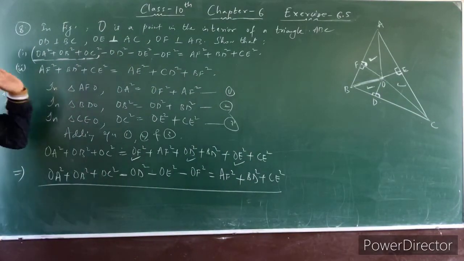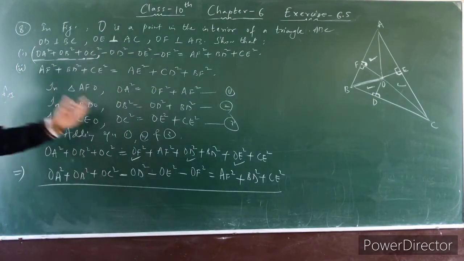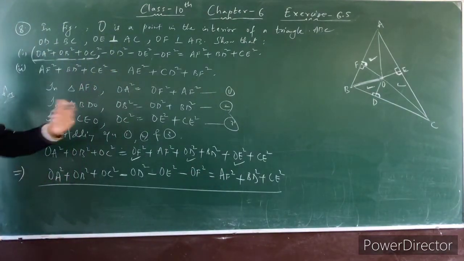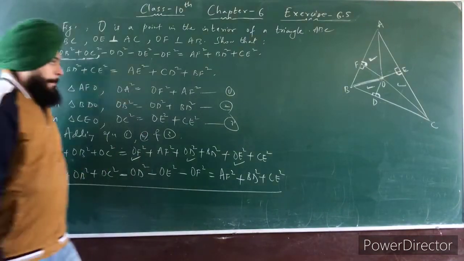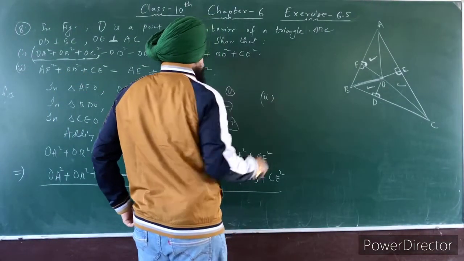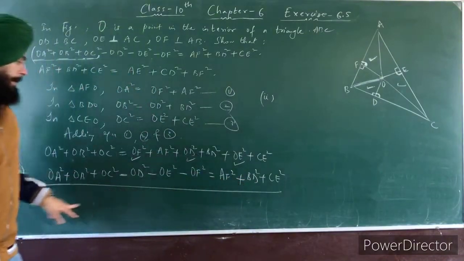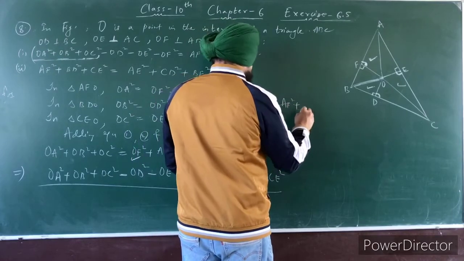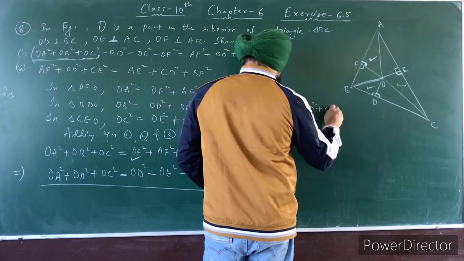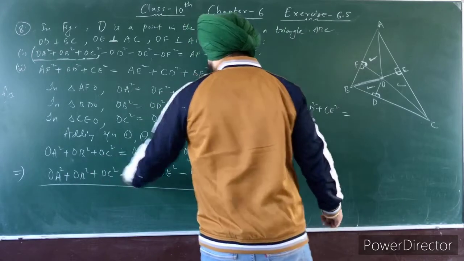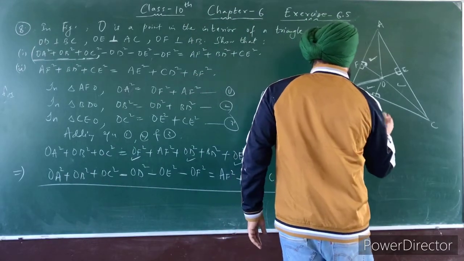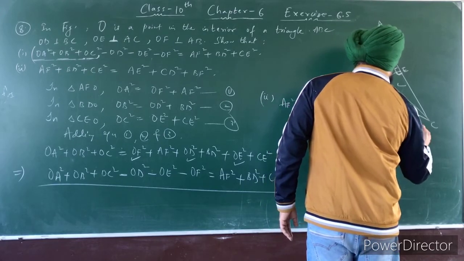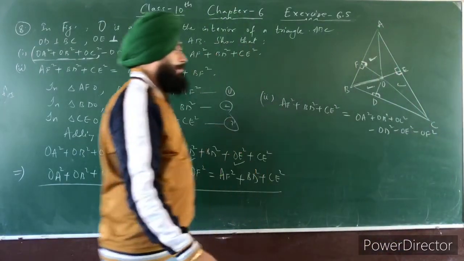Now we have to prove the second part. The second part is a further proof of this first part. So write this equation again. AF square plus BD square plus CE square is equal to the same terms, OA square, OB square, OC square minus OD square minus OE square minus OF square.